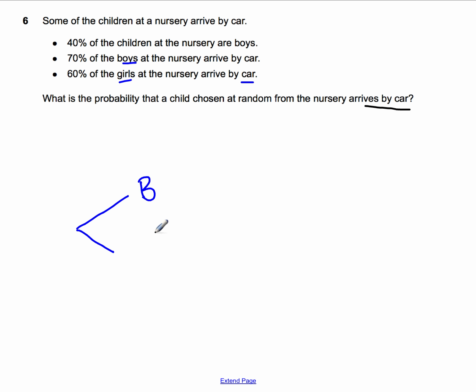I'm going to call them boys and girls. That's the first set of events. And then the second event is car, and this car with this line is going to represent not arrived by car. So I've got car and not arrived by car.